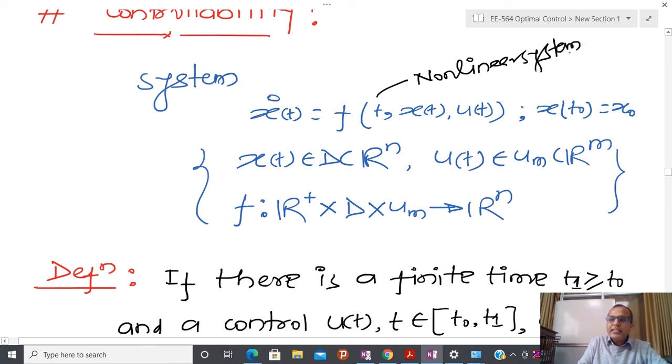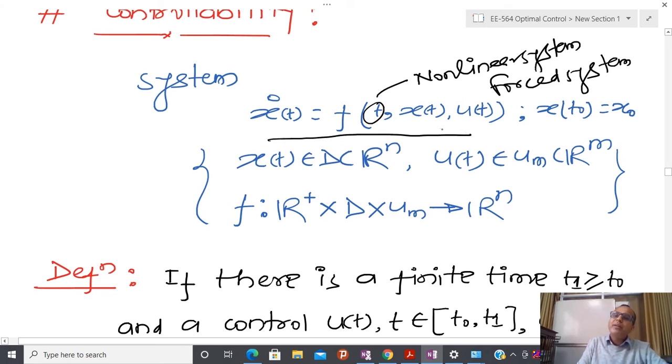This class of system is also called a forced system, and here the time-varying term is explicitly present. If you develop theory for this class of system, it is automatically applicable to almost all classes of system. For that reason, whenever people state some theory, they take the more general class. I am assuming that I have some initial value of the state.